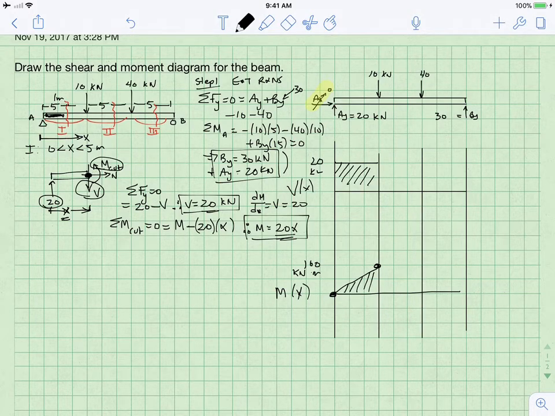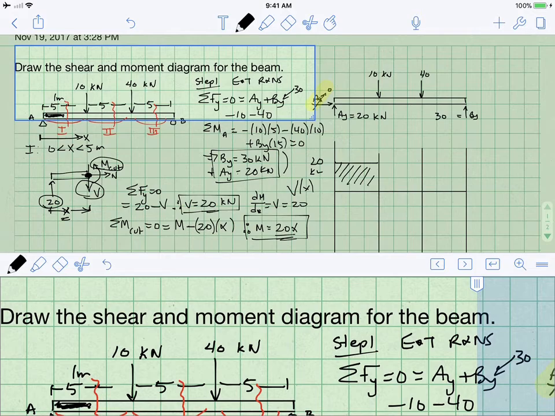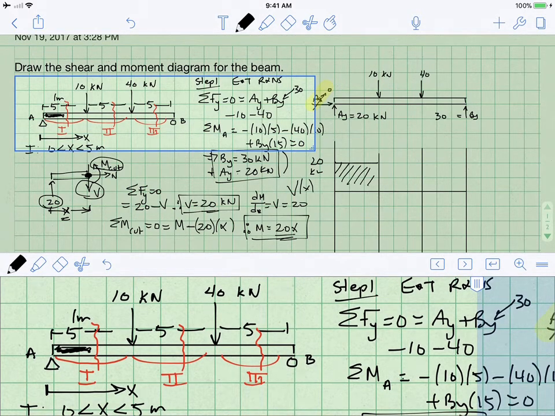So let's move on to region 2. Region 2 is where 5 is less than x, which is less than 10. So region 2 is right in there. I'm going to draw a new free body diagram for region 2.